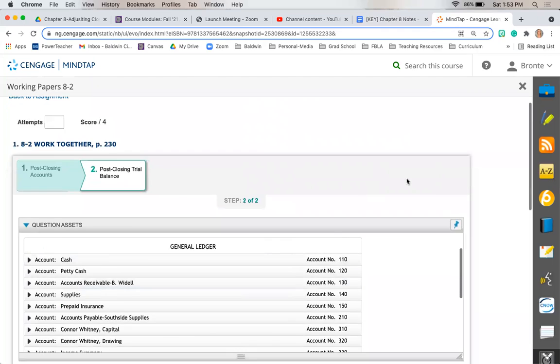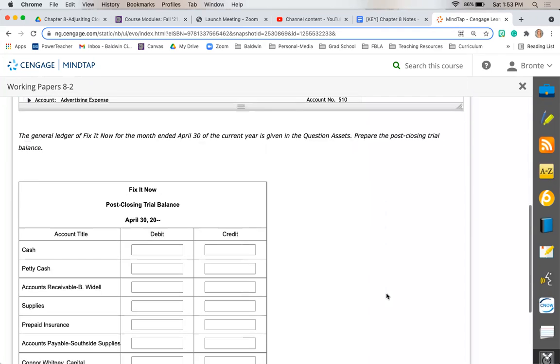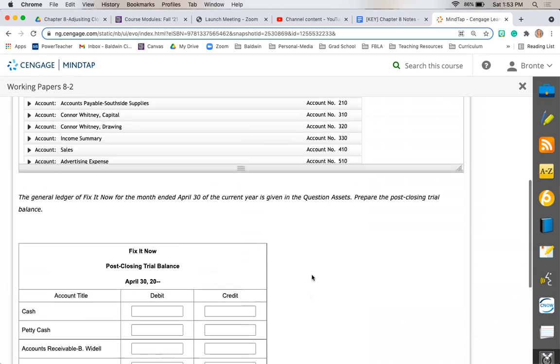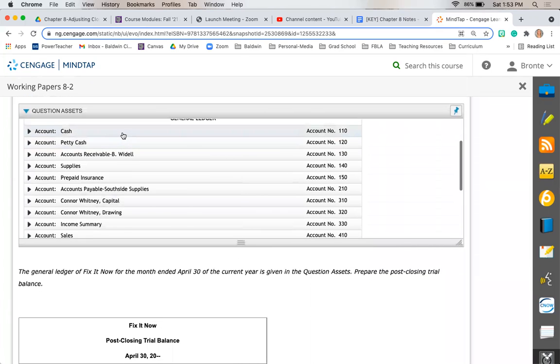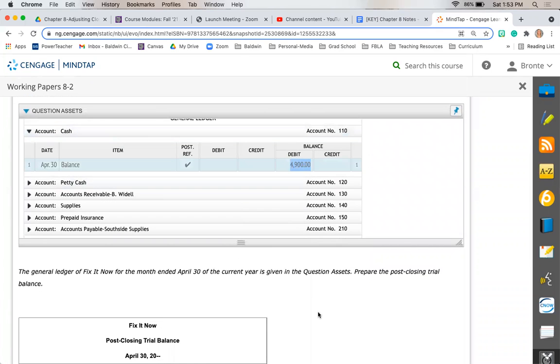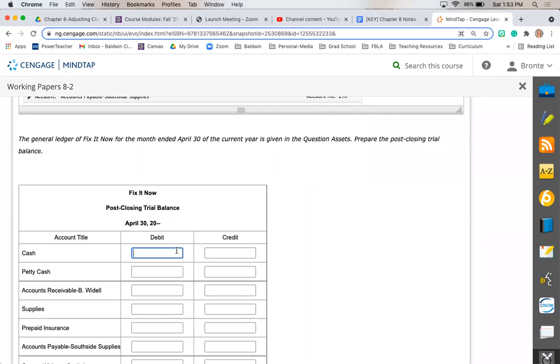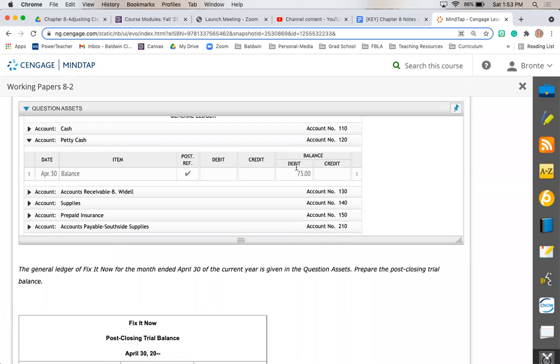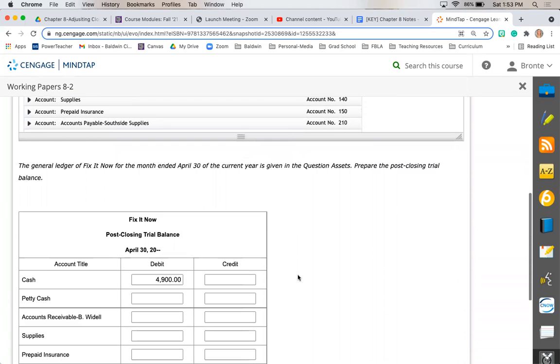All right, next we're going to actually plug in our numbers. So it's just simply bringing down either our debit or credit balances, and then we're going to total them out. So cash, we go to our cash account, currently has a $4,900 debit balance. Petty cash has a $75 debit balance.